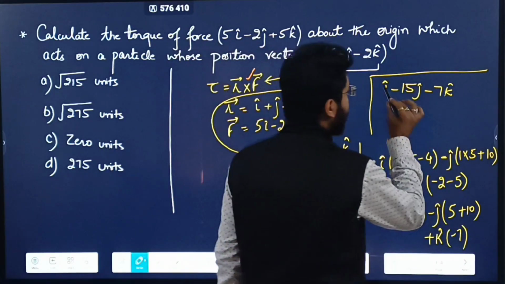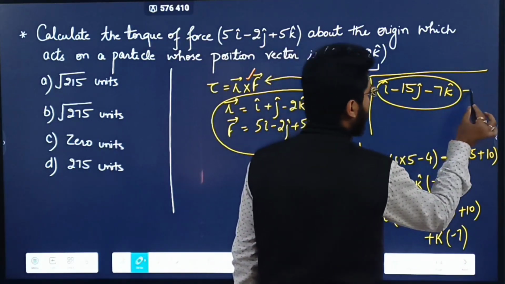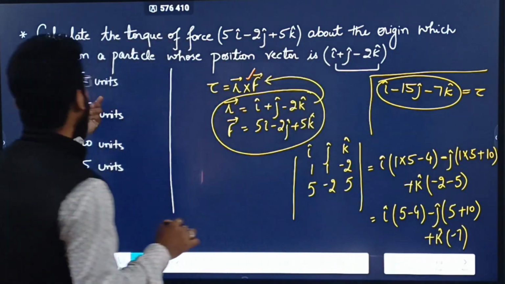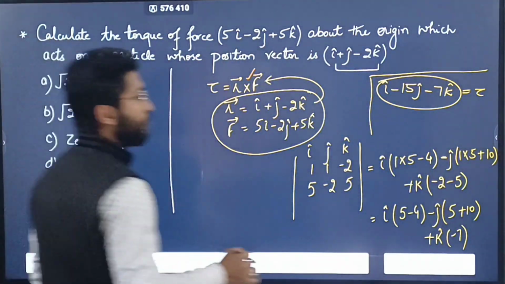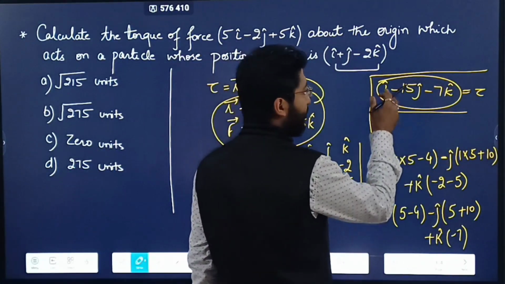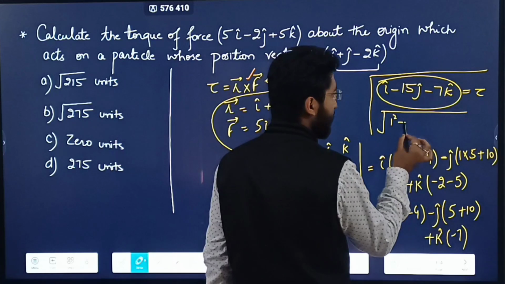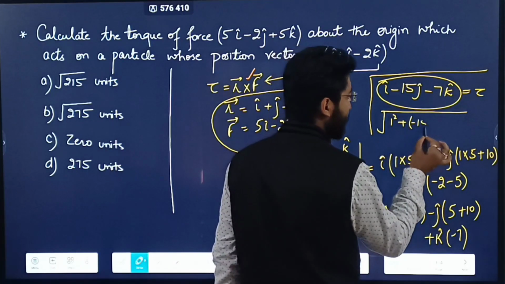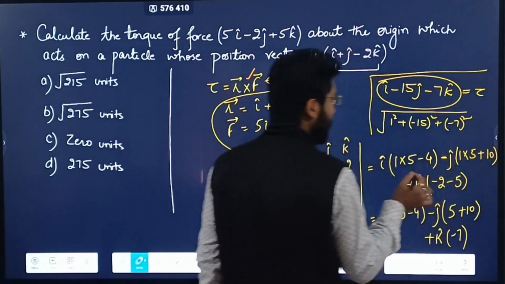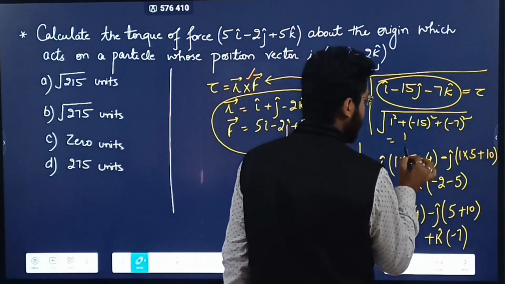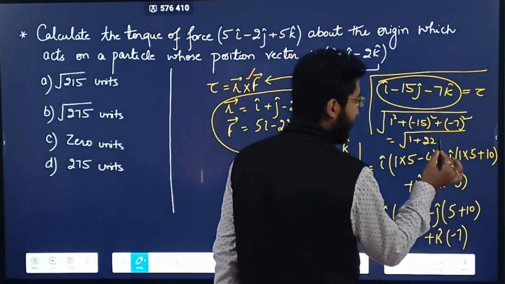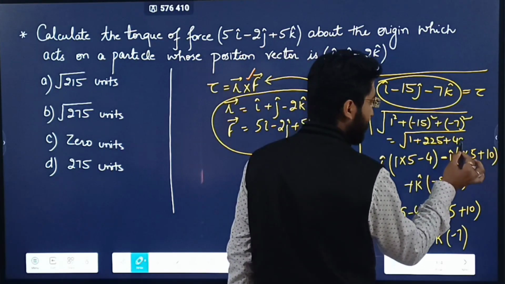This value is the value of torque, but it is in vector form. We will calculate it in magnitude, by taking the mod, which is 1 square plus minus 15 square plus minus 7 square. After solving this, we will get 1 plus 225 plus 49.